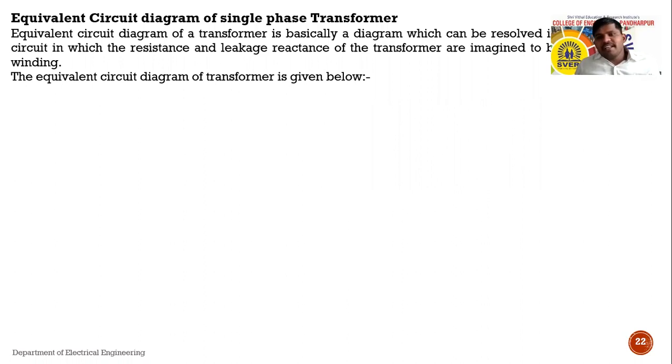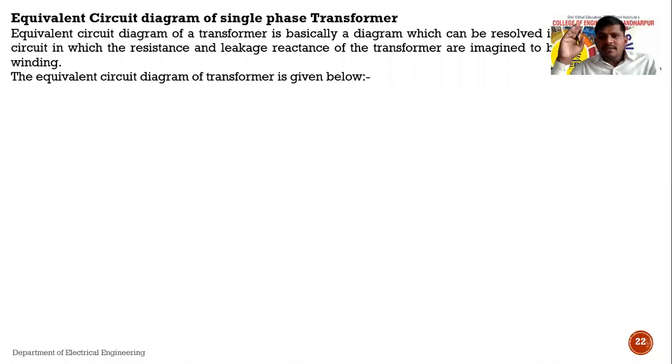Suppose we are considering the ideal transformer. An ideal transformer has no losses, right? No losses in the sense no copper losses and no iron losses.